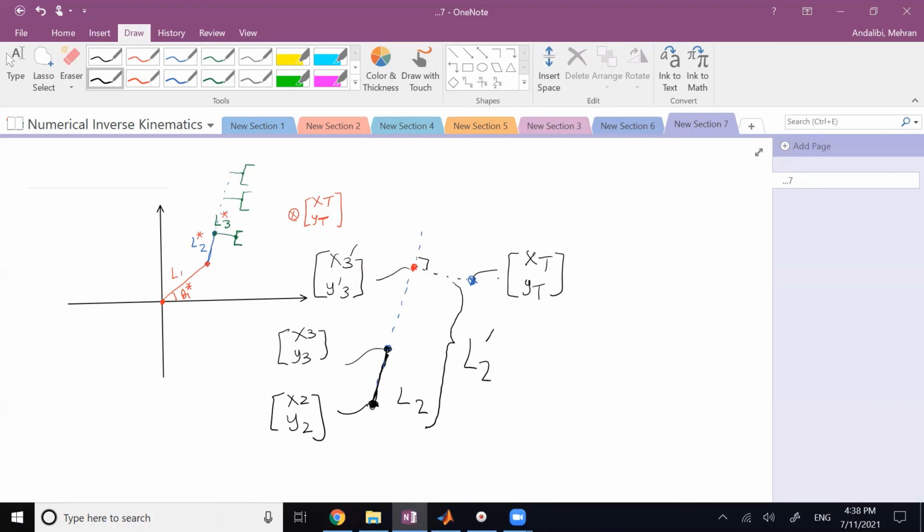Now the question is, how do I get L2 prime? And it's not so hard to do. Why?